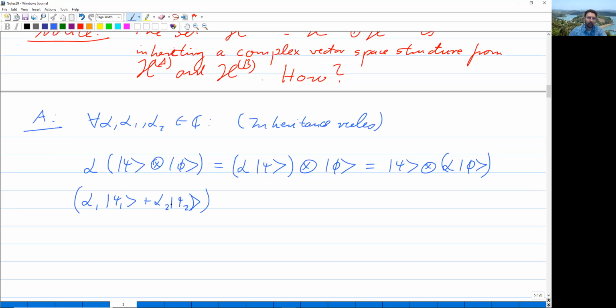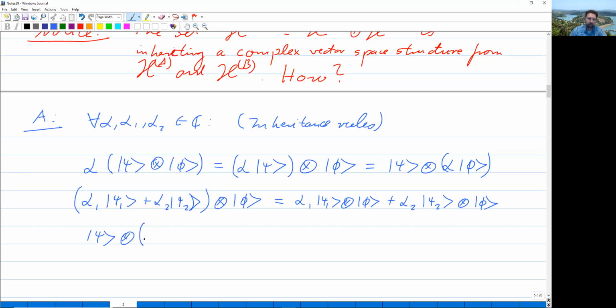If we linearly combine some vectors in the first Hilbert space, and then tensor that with a vector phi, then this is alpha 1 psi 1 tensor phi plus alpha 2 psi 2 tensor phi. And finally, we can play this game also with the right-hand side.